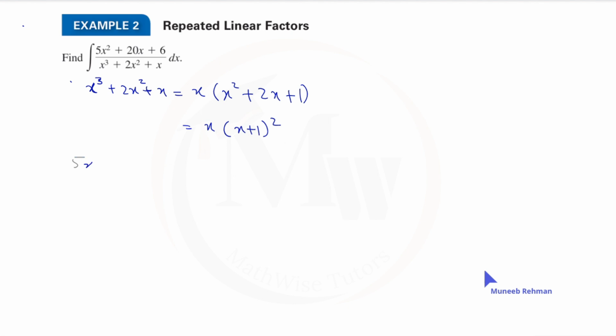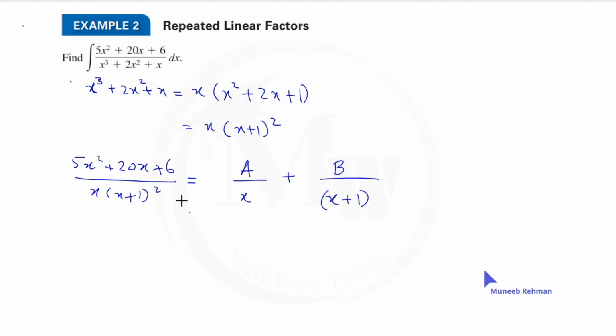So let's plug the value of this denominator in the above equation. So 5x square plus 20x plus 6 divided by x times x plus 1 square. Instead of this term, I am writing its factors. So what will be the partial fractions? A over the first factor, which is x only, plus b over x plus 1.